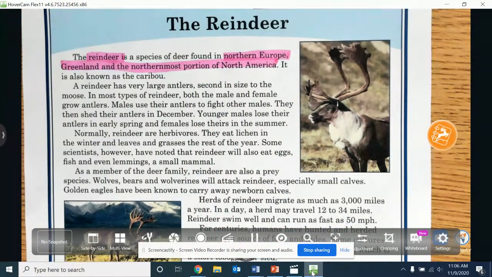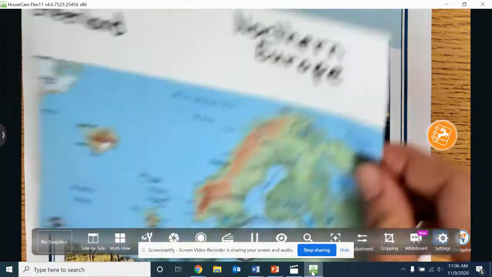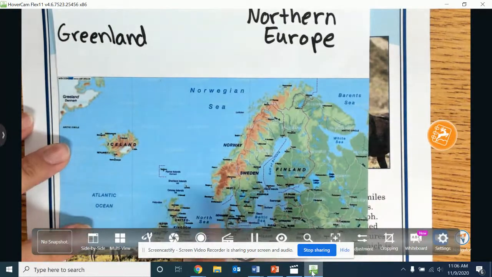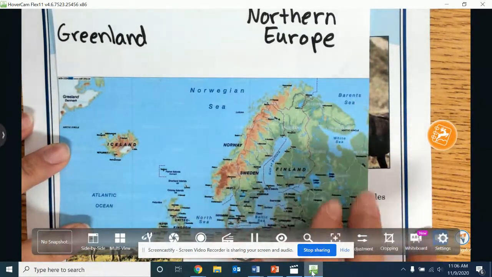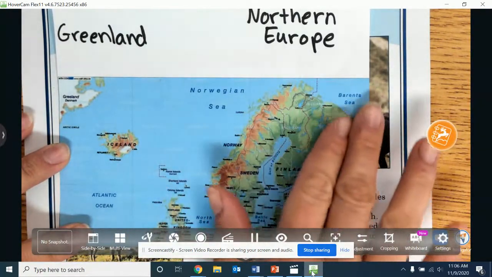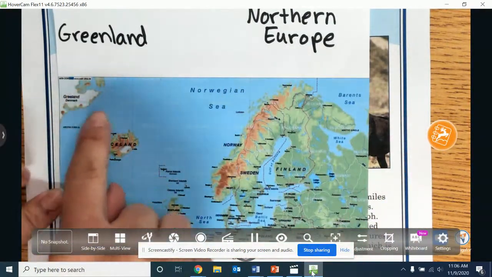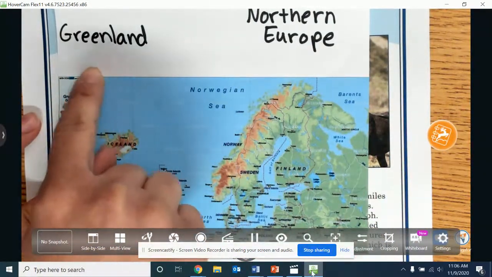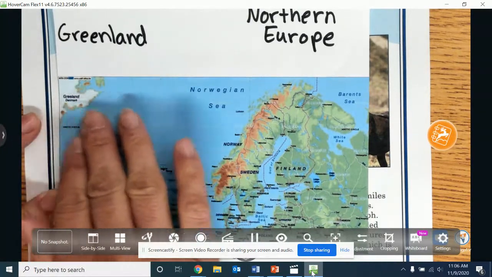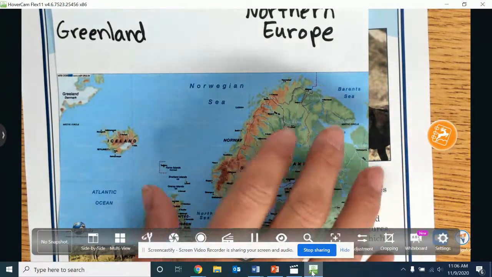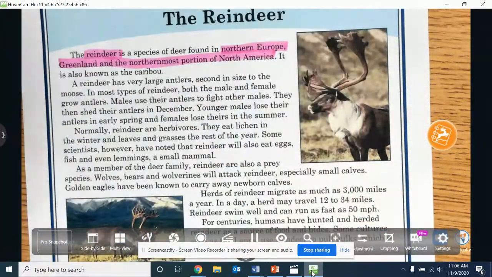I have two little maps here to show you guys. The first one is Northern Europe and Greenland. If you're able to see this image, up here is the northern part of Europe, and this landmass right here is Greenland. If you notice, it is all towards the northern part of these two continents.